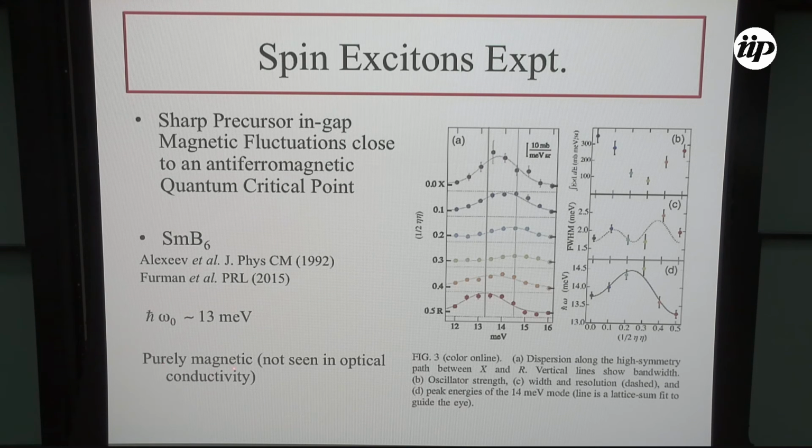These excitations are purely magnetic. They're not seen in the optical conductivity, and these are in-gap excitations, and as you can see, the excitation energy is minimum at the zone boundary, so quite in line.